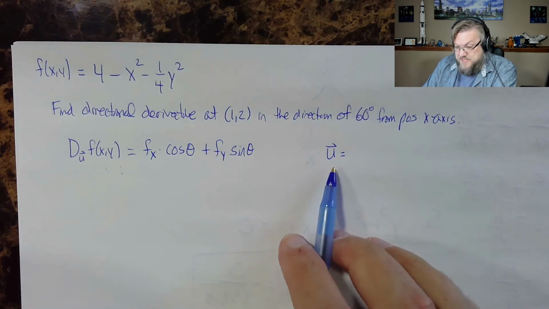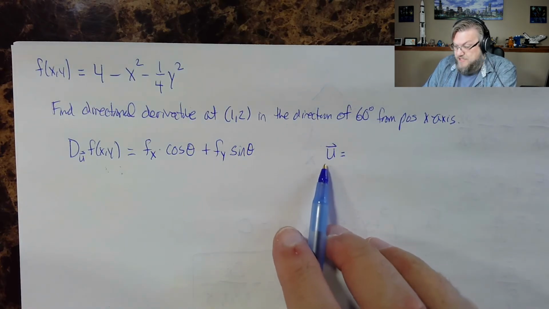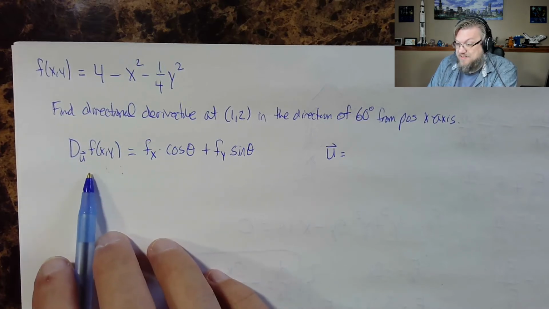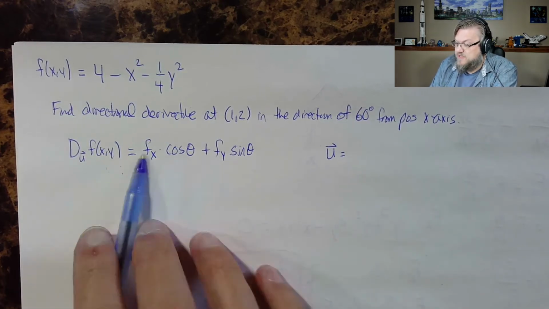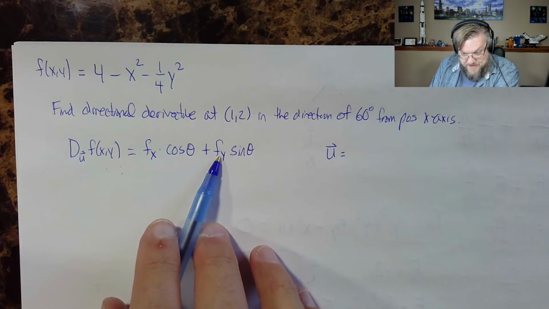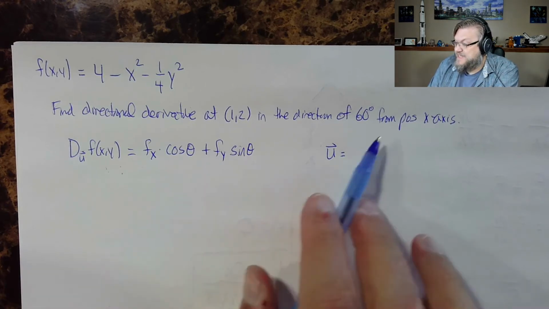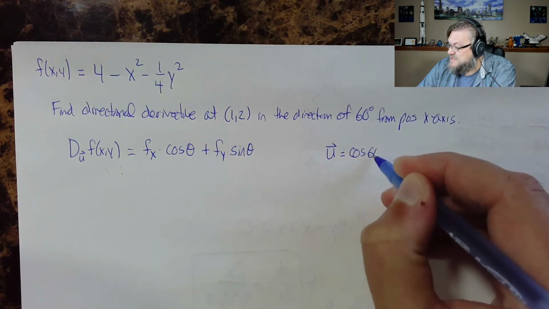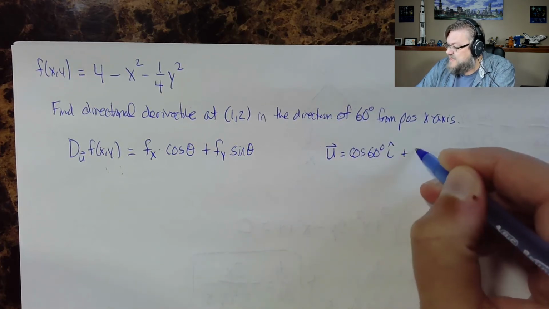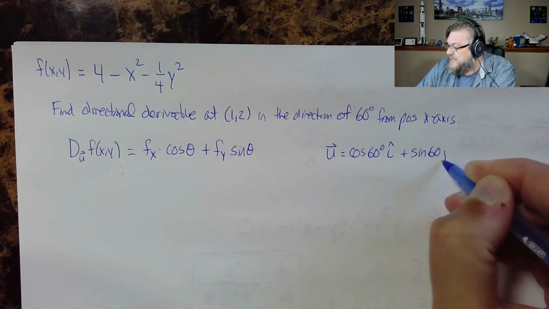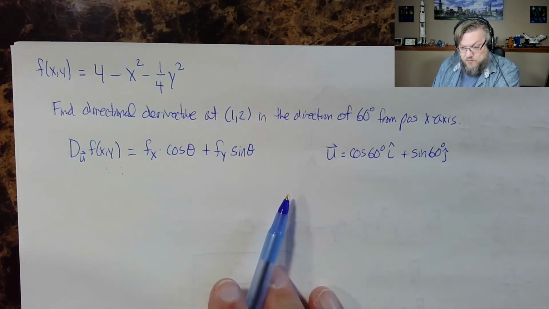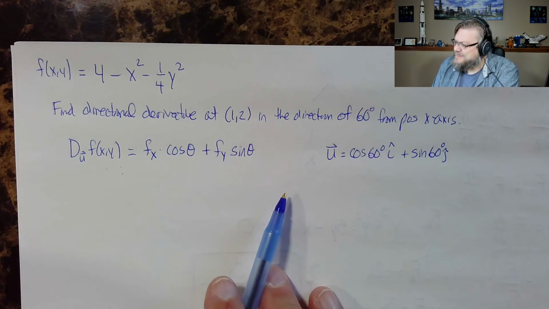This does have to be unit length. If it's not unit length, you will be getting the incorrect amount. It's the wrong scaling. This formula depends on this being a unit length vector. So I am talking about cosine of 60 degrees i plus sine of 60 degrees j. That is the unit vector that we're working with.